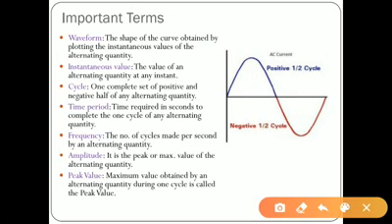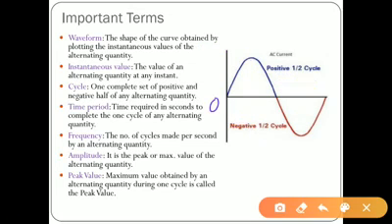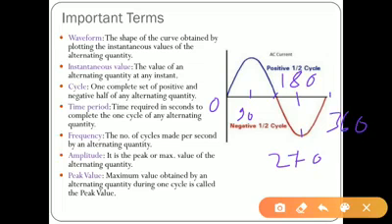So from 0 to 90 or pi by 2, then this is 180, then this instant is definitely 270, and finally this is 360 or 2 pi.